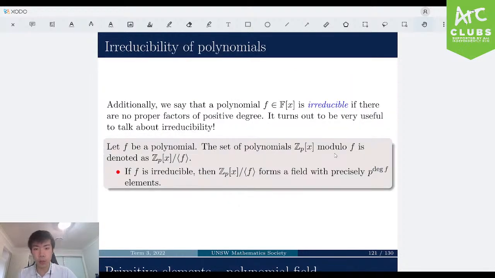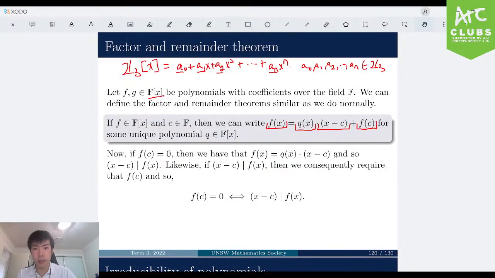I'll also briefly mention the remainder theorem here.